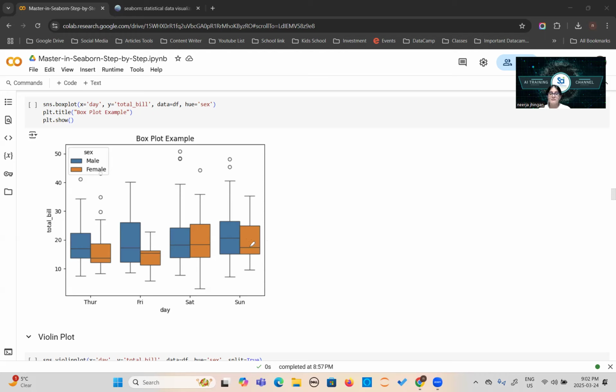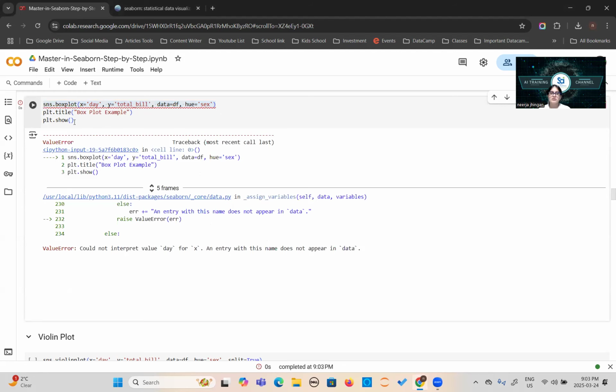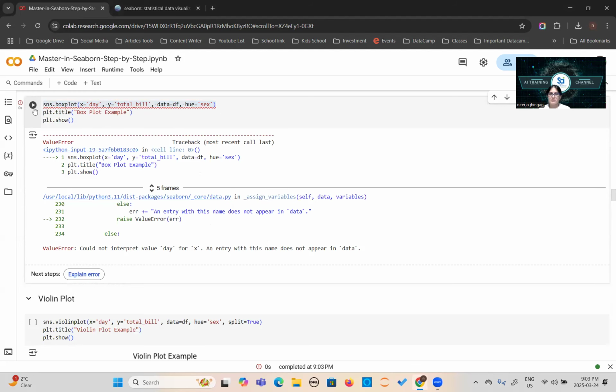If the middle value is going towards the bottom, the quantile range Q1, this means 25% of the data mostly lies here, and it is skewed towards here. This is how we interpret this graph, and you can plot this using a single line.